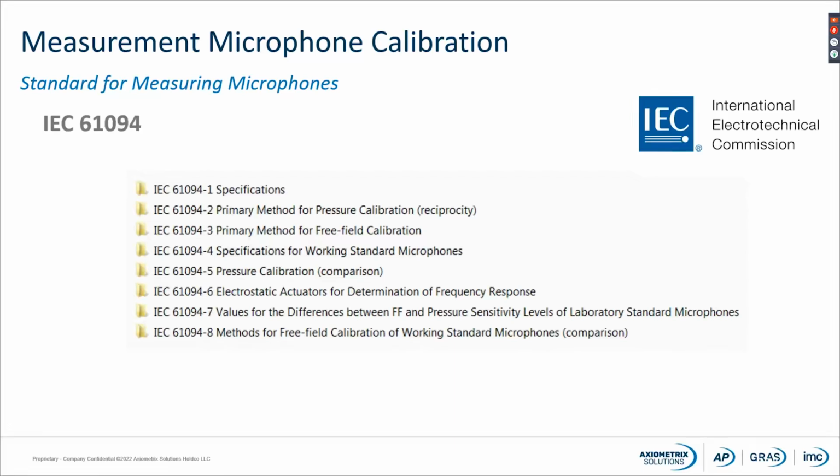For doing calibrations of working standard microphones, we do have part 5. This is the pressure calibration. We have part 6, which is the electrostatic actuator calibration, and we have part 7 or 8. Sorry, part 8, which is a method for finding the free field or doing a free field calibration of a working standard microphone.